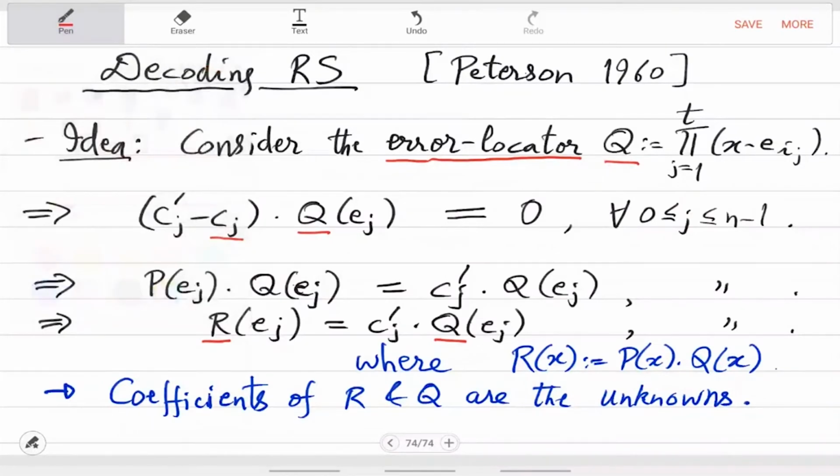Okay, let's write down one more thing here. What is the degree of Q? That is T. And what is the degree of R? K minus 1 plus T. Q is monic.